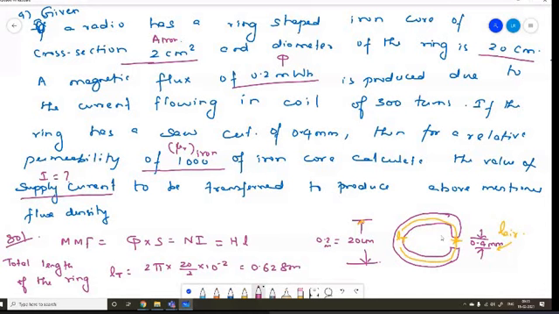That is LT minus L air, so 0.628 minus, expressing this in meter, 0.0004 meter. So you must be getting 0.627 meter.